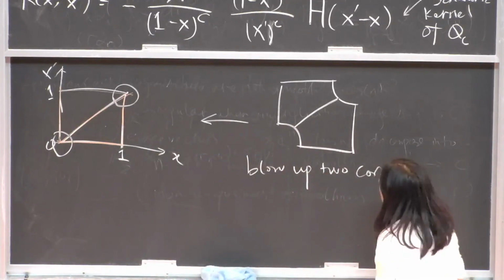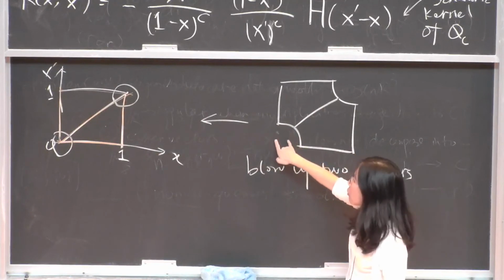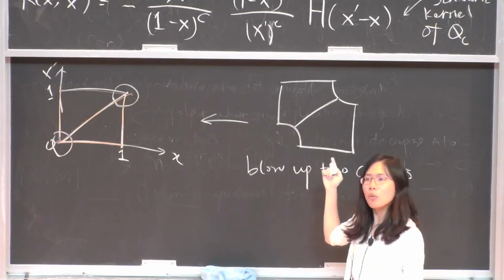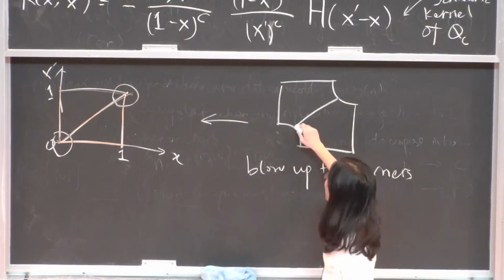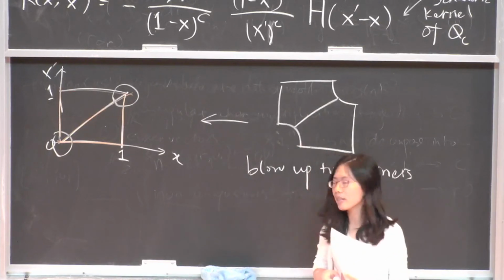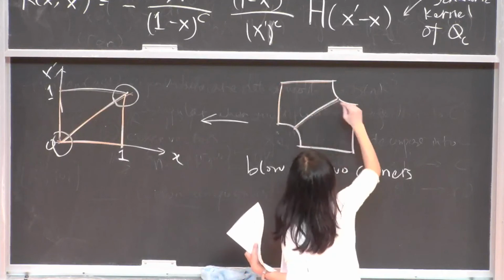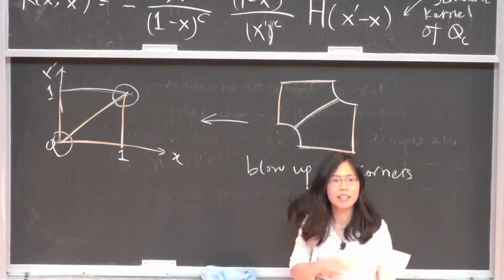By blowing up those 2 points, in this picture, what you see is that I just replaced this point by a quarter circle. What's happening here is that this line is still there, but this line is lifted, and is now separated from these 2 dangerous boundaries. So my singularities are here. I no longer have this very dangerous corner here.